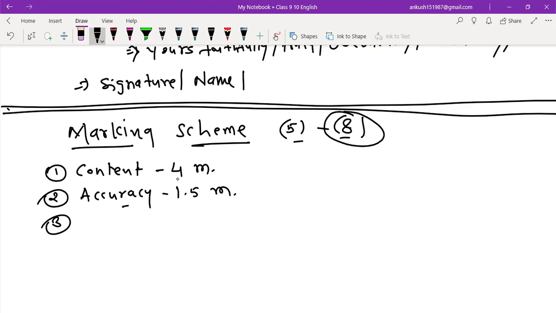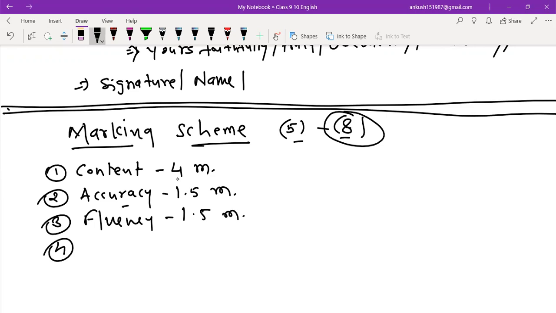Accuracy. Then again, half, 1.5 is given for fluency. Understood? So that is 7 marks only. And 1 mark is given to what?